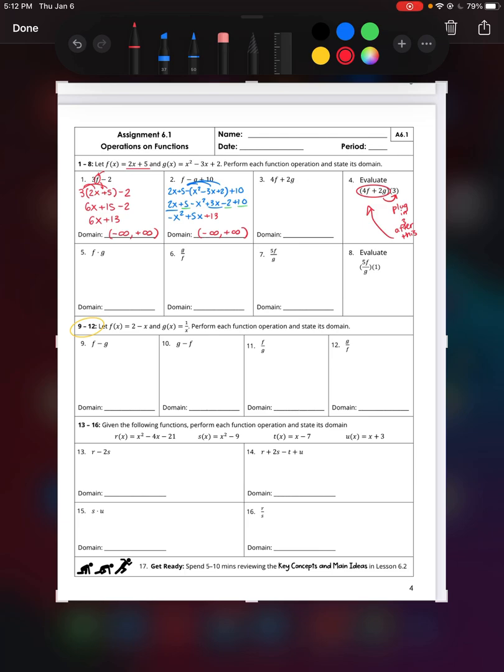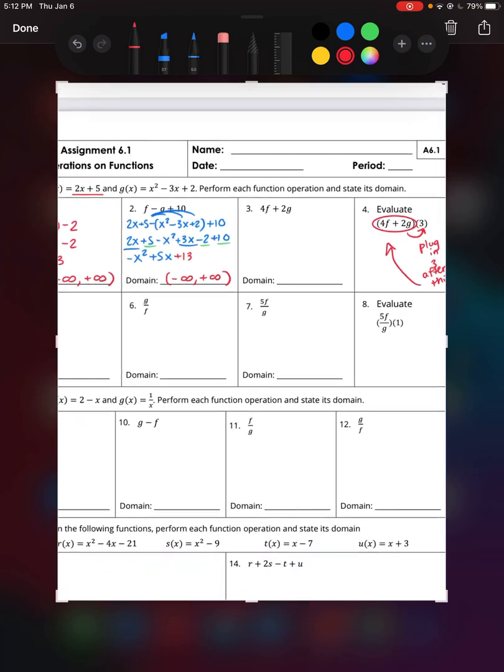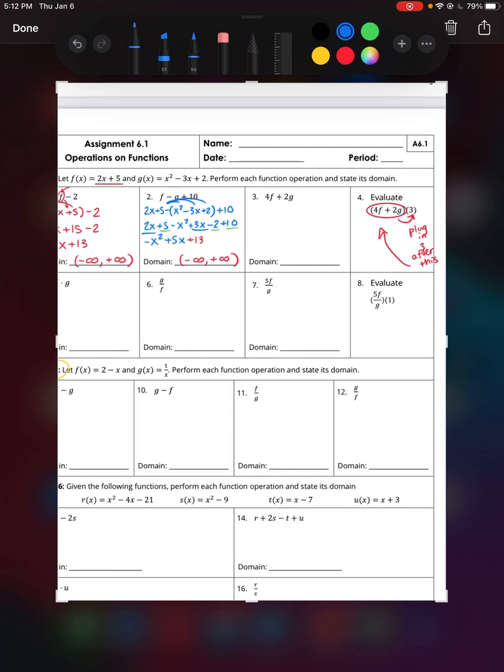And then, like on number 7, I'll do number 7. 5 times f of x over g of x. Distribute.